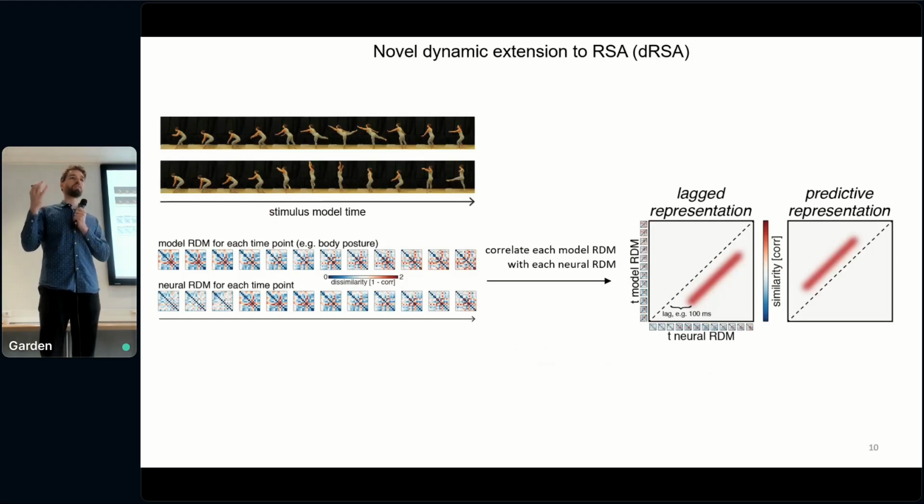So the neural representation is lagging behind the model representation. So that's what you would expect based on pure bottom-up processing. But then if we have a prediction, you would expect that there's also some representation, or maybe even the strongest representation, up above the diagonal.